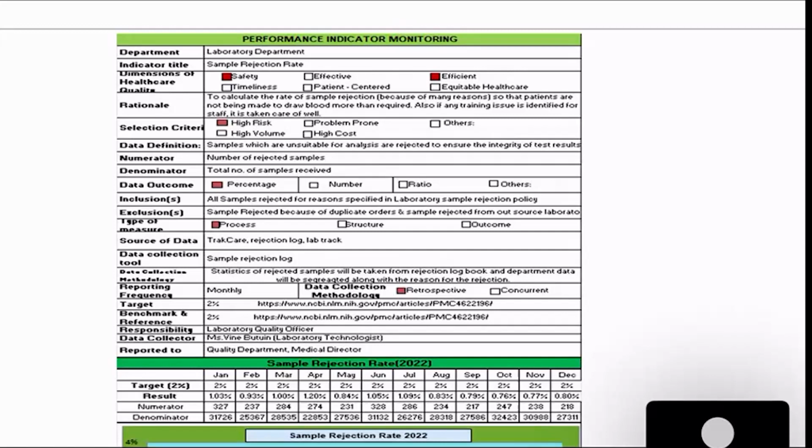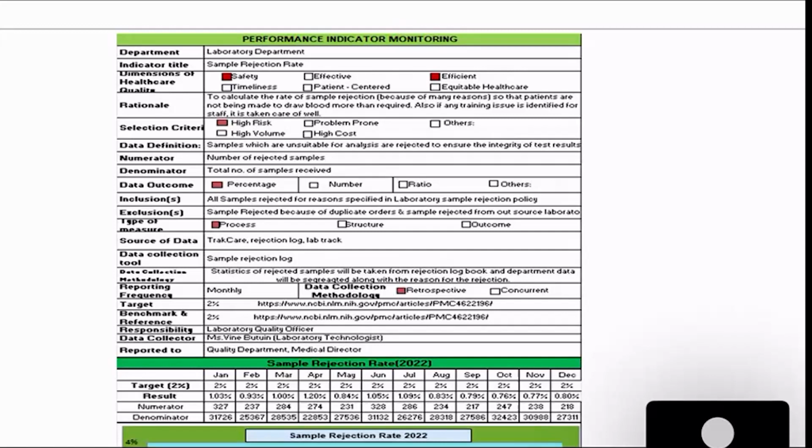Sample rejection happens in the pre-analytical phase of our testing, so this clearly indicates how good we are at capturing the errors and fulfilling the gaps found in the sample collection areas. For every indicator we start with the rationale: why we are collecting it and how it is going to impact or improve our work process.